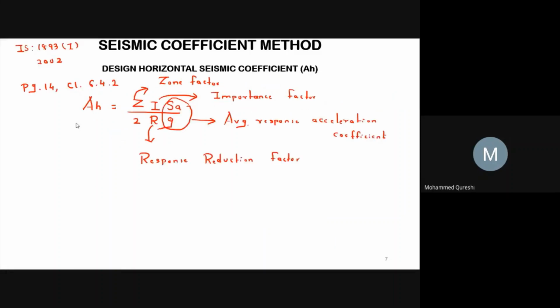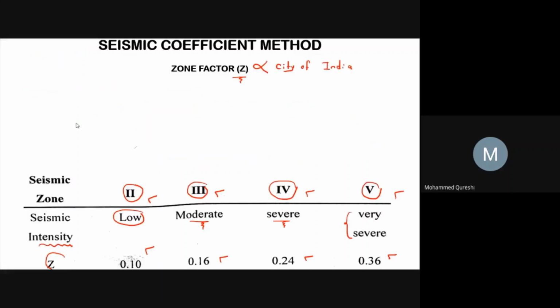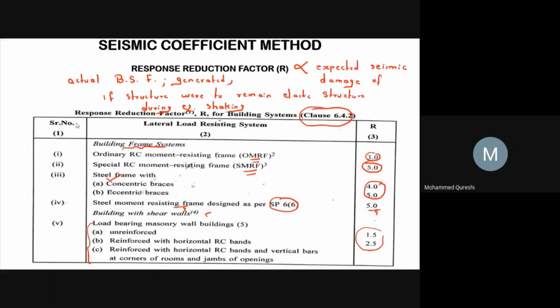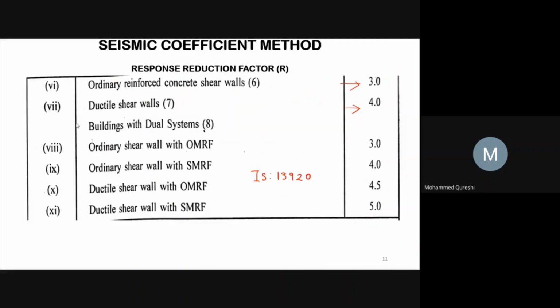Then the design horizontal seismic coefficient, that is AH equals Z I Sa by g into 2R, and the zone factor will be determined according to the different seismic intensity. Then the importance factor for the different types of building will be determined. Then the response reduction factor, which generally depends on the seismic damage of the structure, should be taken from clause 6.4.2.